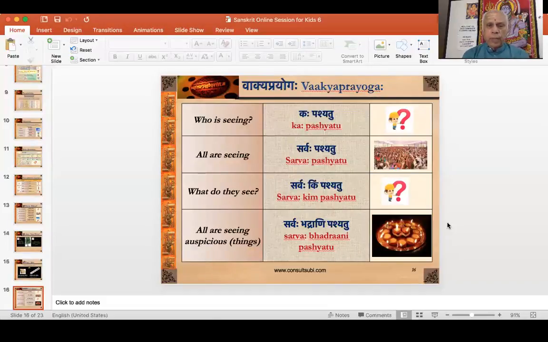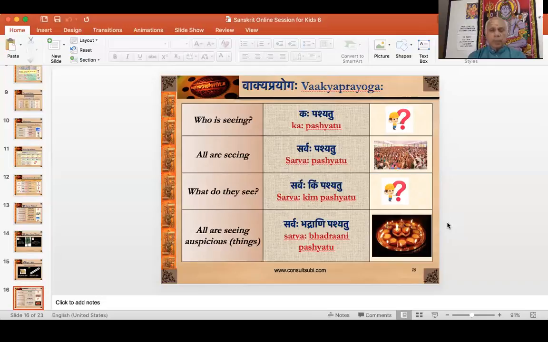Vakya prayogaha means usage in sentence. For example, who is seeing? Kaha pashyatu. Let's say everybody, you are an audience, all are seeing. You say, sarvaha pashyatu.